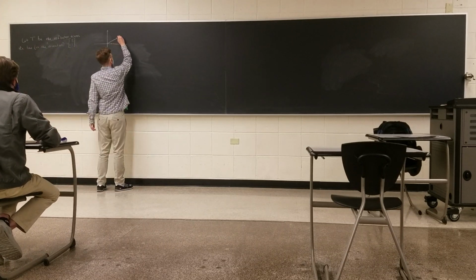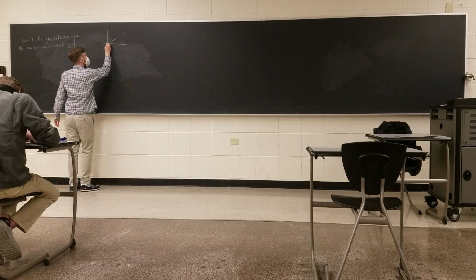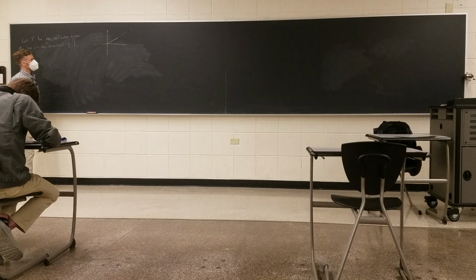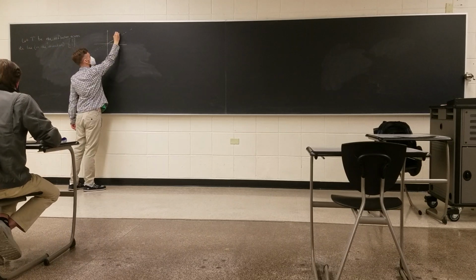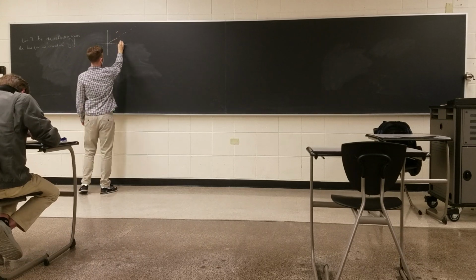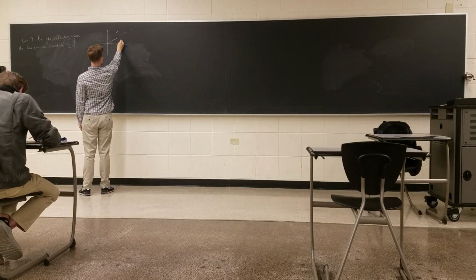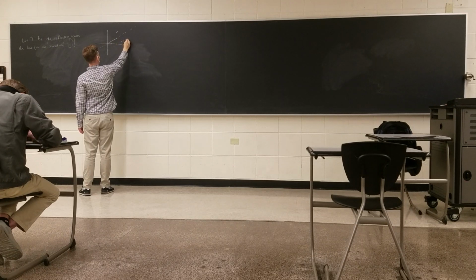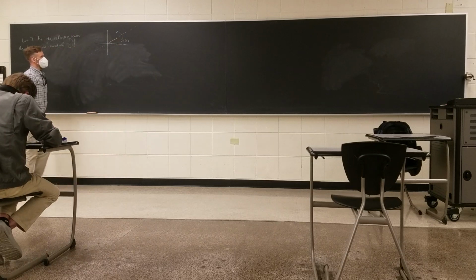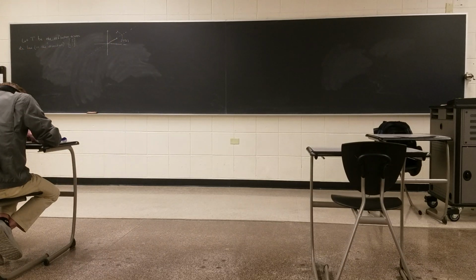So this line right here. And if we have some point like this, then let's call this x. Then maybe like this would be T of x. So it flips it across that line.